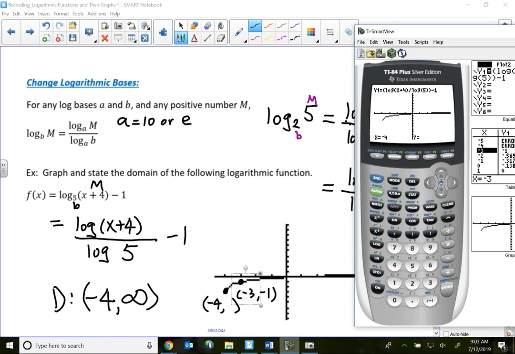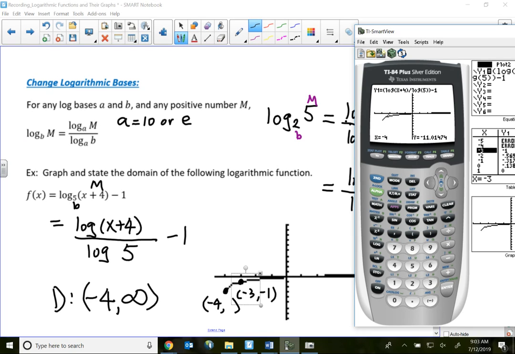Now, as far as the range is concerned, I don't really know exactly, because as I approach negative 4, my y value keeps going downward. So not quite exactly negative 1.